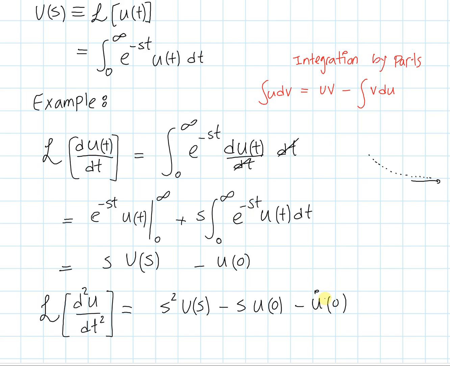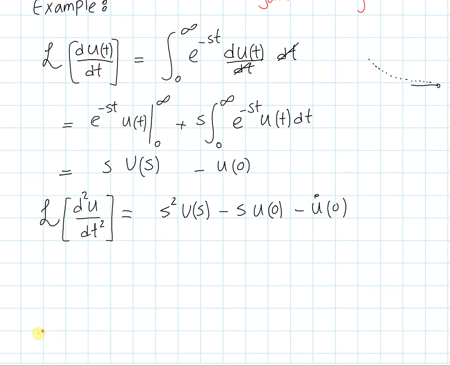So now what I want to do is, using my findings, to handle the equation of motion that we've been dealing with so far. And our equation of motion has been the following. We've had m x double dot plus c x dot plus k x is equal to some kind of forcing function. So what I could do is take a Laplace transform of this equation, and using what I already know, I can get the following transform.